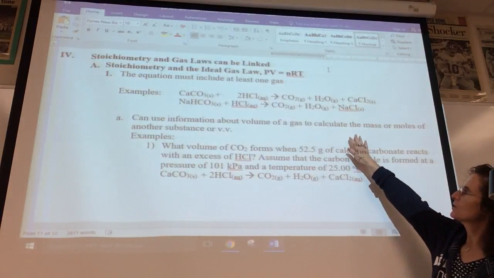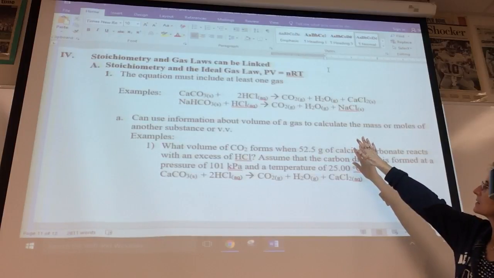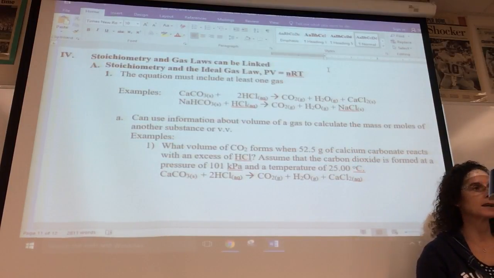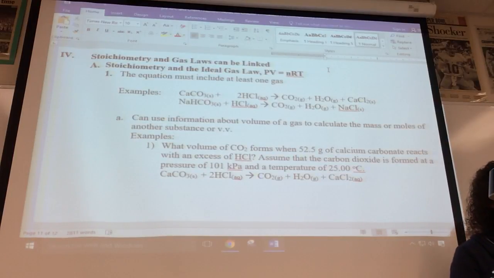You can use information about the volume of a gas to calculate the mass or moles of another substance. And when you're talking about mass or moles of that other substance, you're really talking about a solid or a liquid, because you can get moles of a gas from PV equals nRT, and you can find mass or moles of a substance, or you can be given mass or moles of a solid or a liquid.